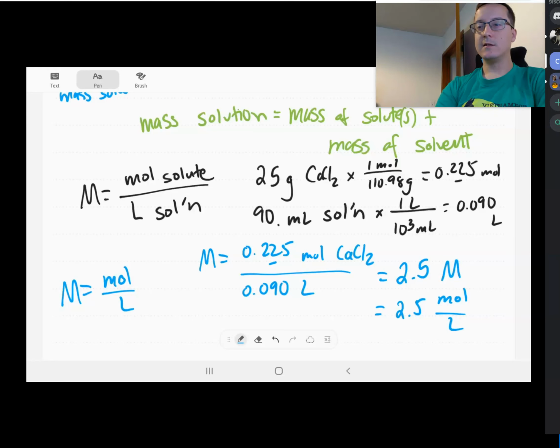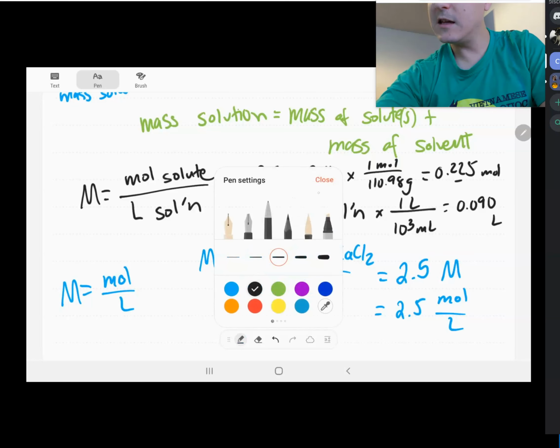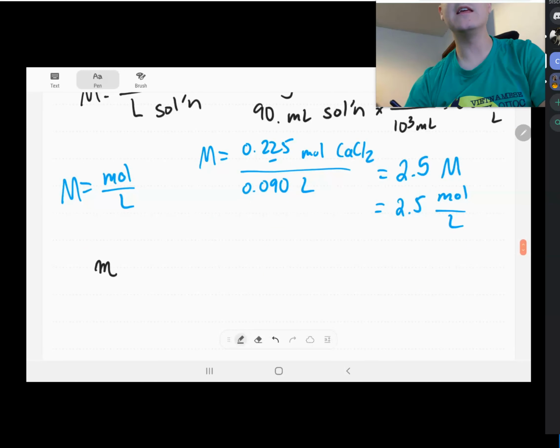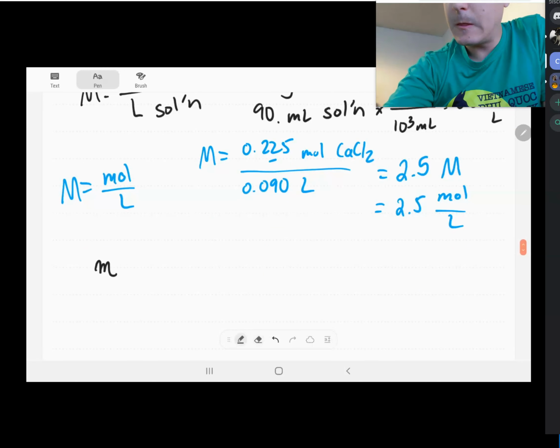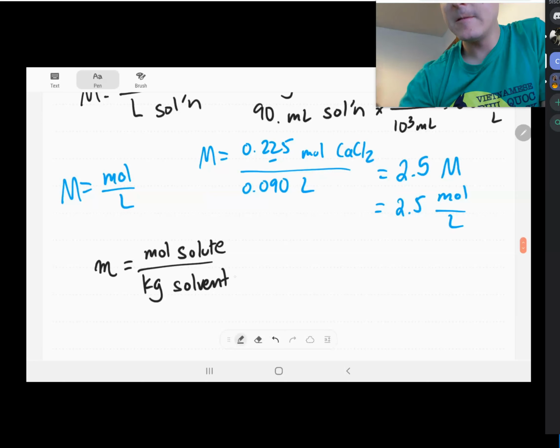Okie dokie. So let's go to our third one now. Let's see if we do the molality, squiggly m. Remember, that's moles of solute over kilograms of solvent.